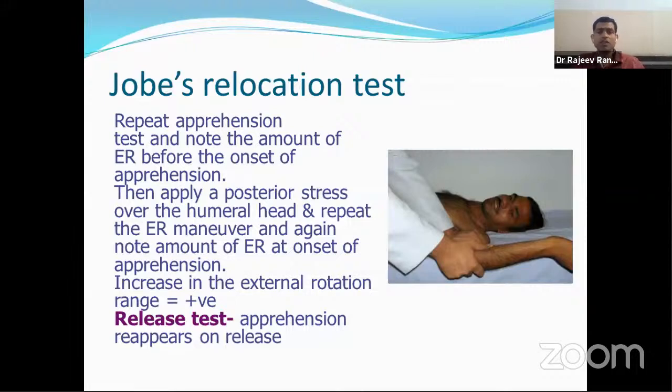If after the posterior stress, the range of external rotation increases, it indicates a positive test. And also, if the apprehension reappears on release of this posterior stress, that is called the release test. If it's present, this also indicates a positive test or the presence of instability in that shoulder.